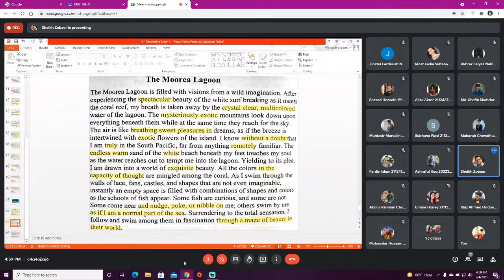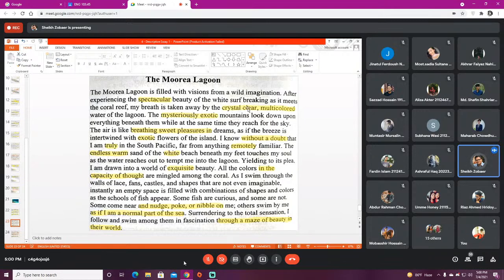Okay, great. So using sensory image, again, that is also very important. And you can use sensory image when you add descriptive detail as well. Again, crystal clear. You can see if the water is crystal clear. Multicolored. You can see if the water is multicolored, right?